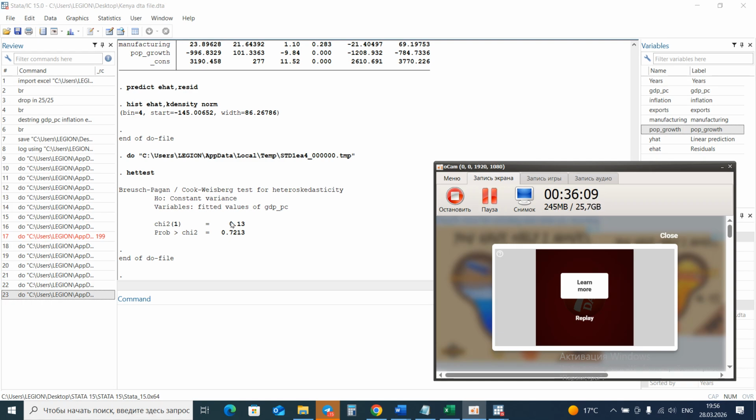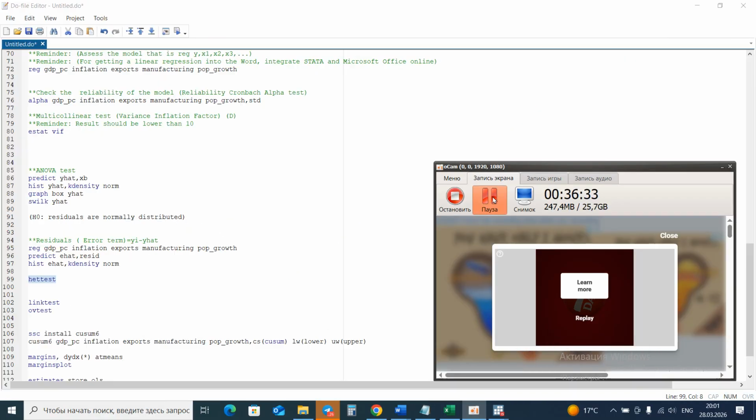If the p-value is more than 0.05, then there's no problem. And as you can see, we don't have any problem here. That's why this is correct. We move to the next part.